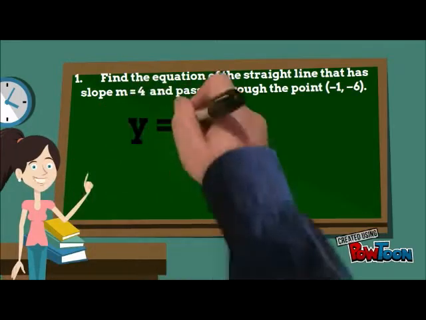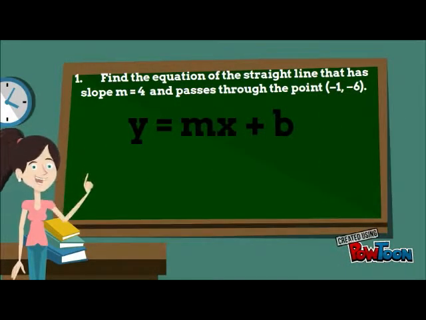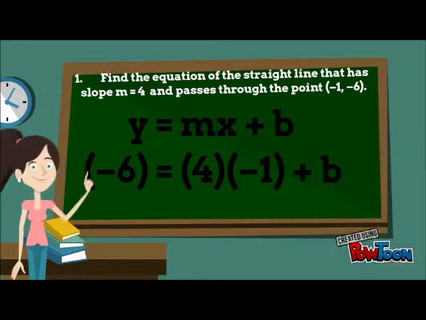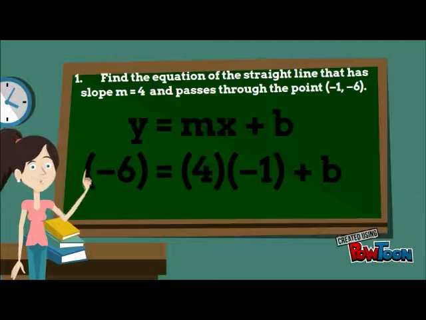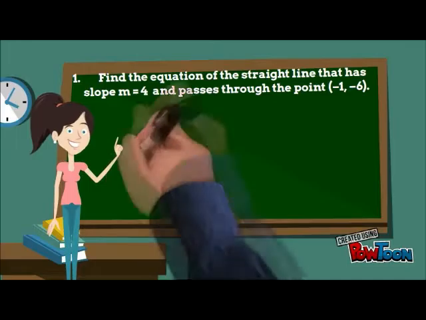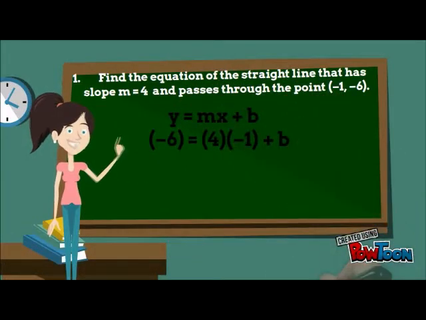y equals mx plus b, just plug in. So y equals -6, m equals 4, x equals -1, and we still don't know the value of b, so just plus b. -6 equals 4 times -1 plus b. -6 equals -4 plus b.